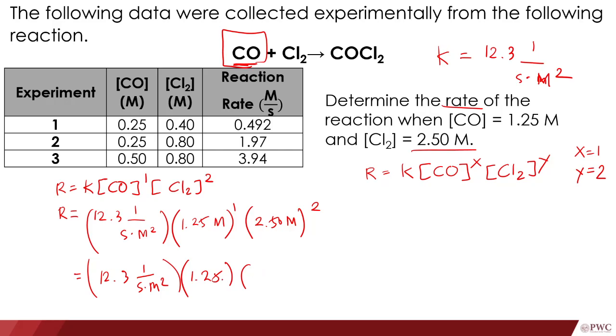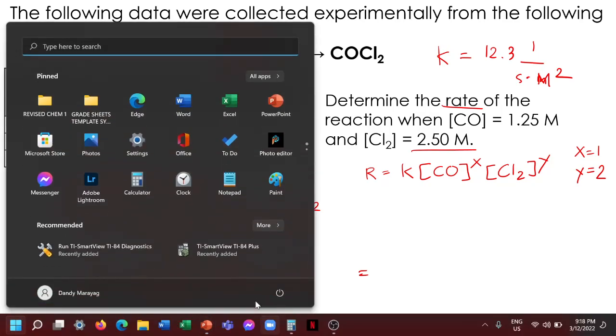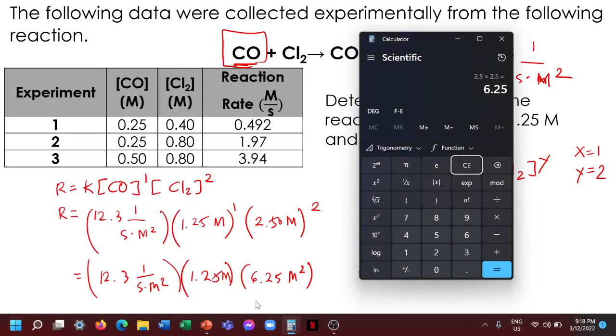So this is equal to 6.25 molar squared. Now let's multiply everything here. That's 12.3 times 1.25 times 6.25, which is equal to 96.1.